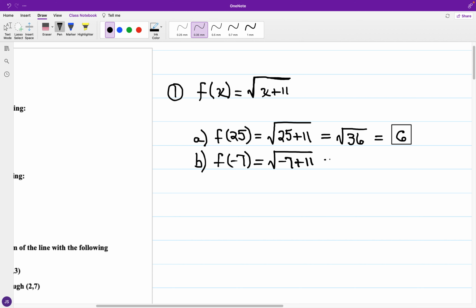Negative 7 plus 11 is 4. And the square root of 4, 4 being a perfect square, is going to be positive 2.